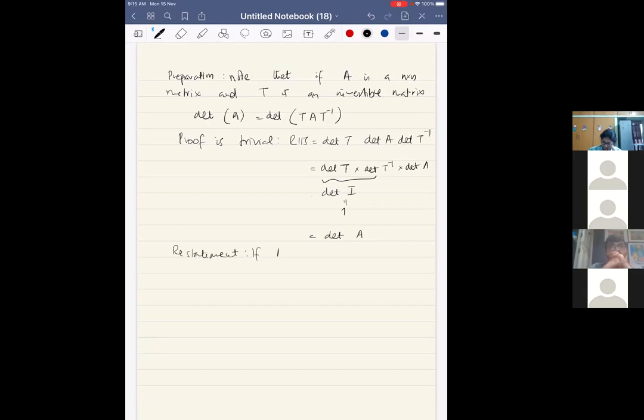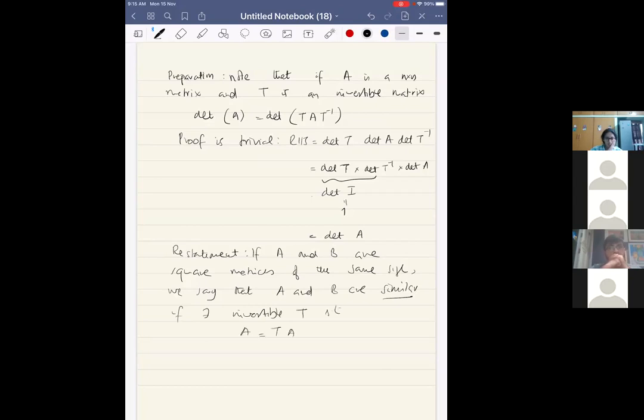If A and B are square matrices of the same size, we say that A and B are similar if there exists an invertible T such that B equals T A T inverse.